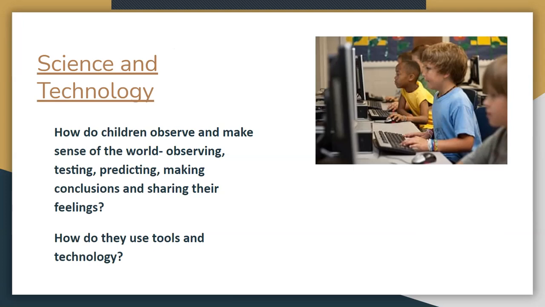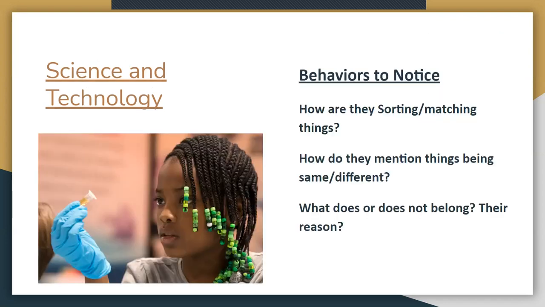We're not just giving them a game and calling it technology. Science is not just looking out the window and saying, oh, it's cloudy today. I mean, those are important, but the science aspect of feeling and touching and experiencing and observing and making predictions, those are all really, really important things for science and technology.